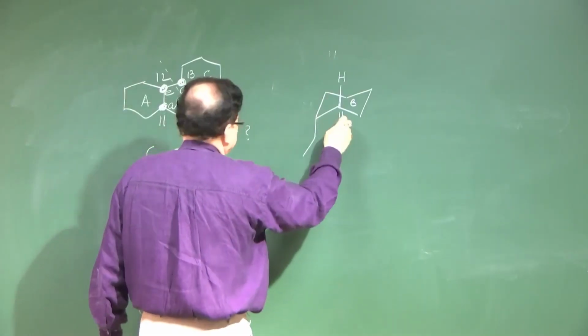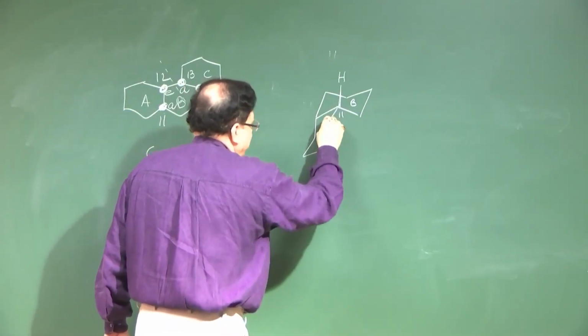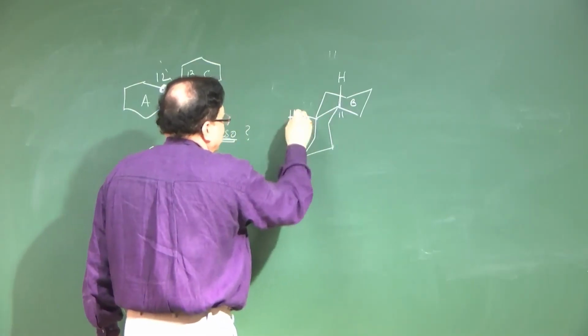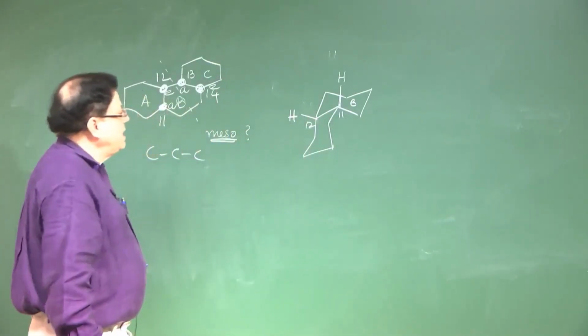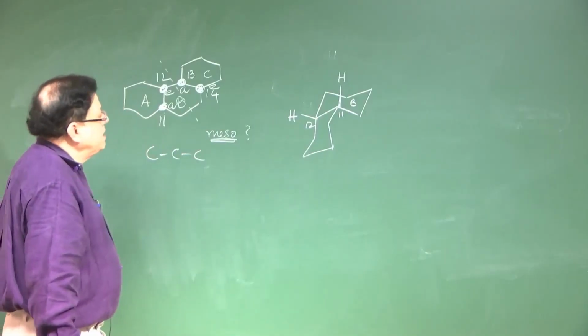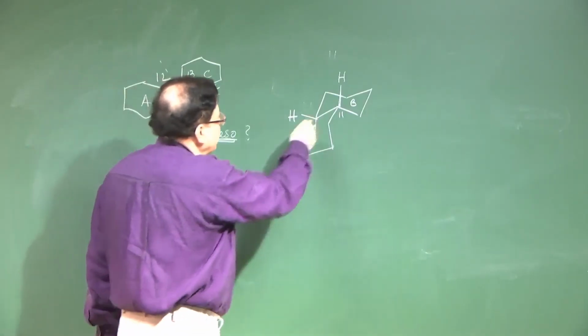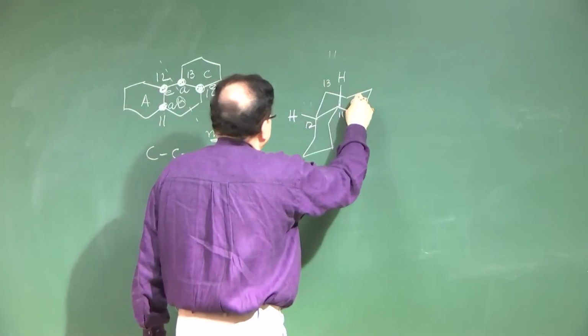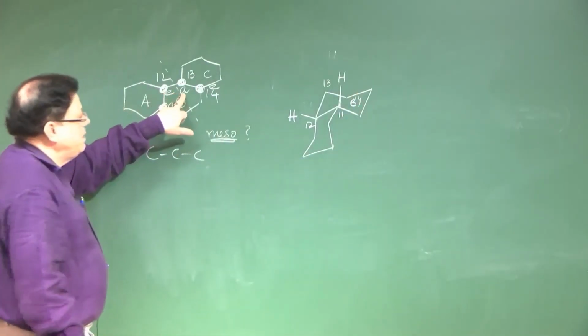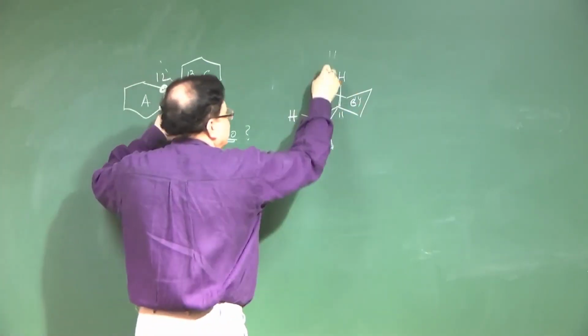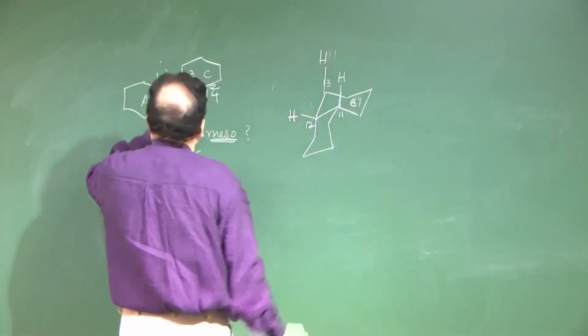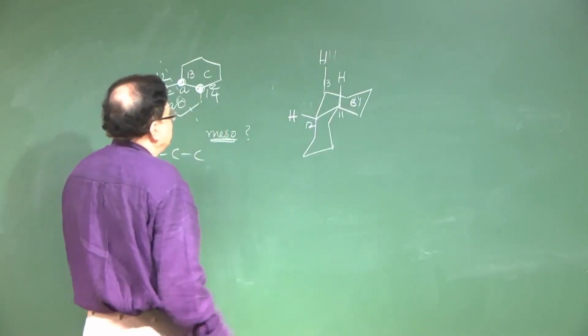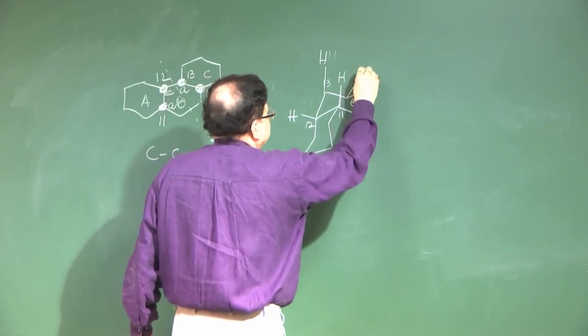This is a cis ring junction. So, 11, 12, and then you have 13 and 14. Okay. 13 and 14. So, 13 hydrogen is beta axial. So, 13 hydrogen is here and the 14 hydrogen is beta equatorial. So, that will be in this direction.